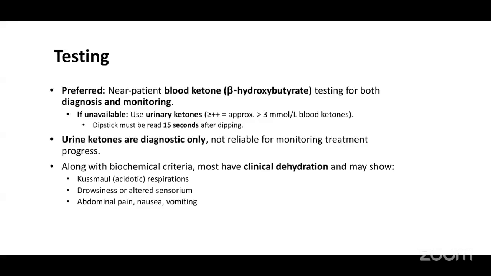You check the dipstick, and you have to wait a minimum of 15 seconds before reading it. Any reading of 2+ or more indicates a blood ketone level of more than 3 millimole per liter. But urine ketones are checked bedside only for diagnostic purposes, not for monitoring.